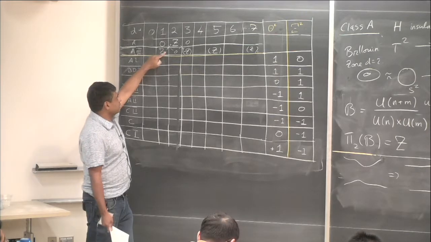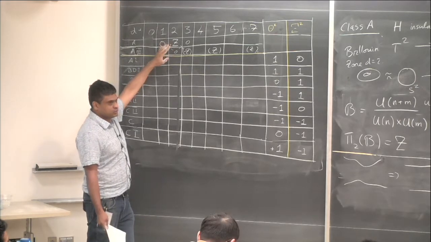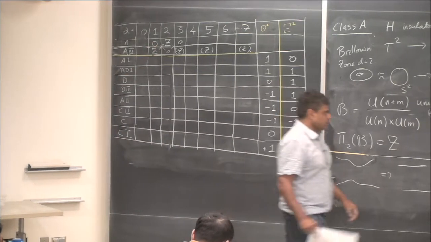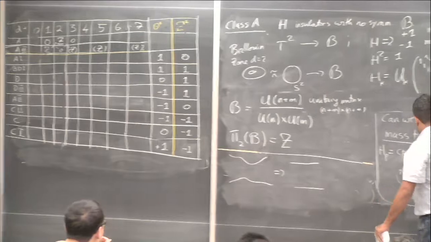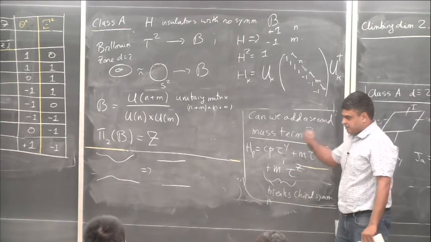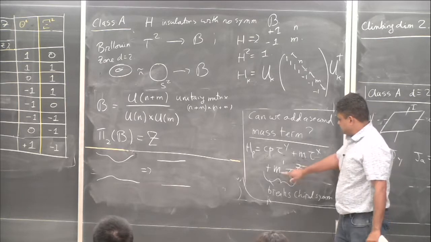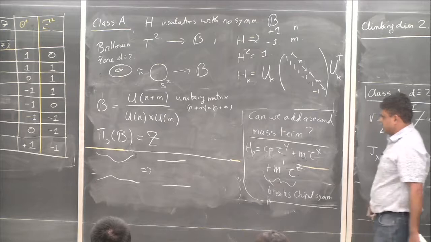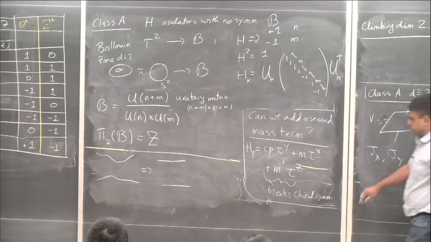In that way, you can relate this integer over here to a Thouless pump. So you can think about this generalized Hamiltonian for the one-dimensional system, and this M prime is really some external driving parameter. You go through a sequence and you come back to the original state, and you find that you've pumped one charge. Okay, that's in my notes as well, but I don't have time to discuss that.